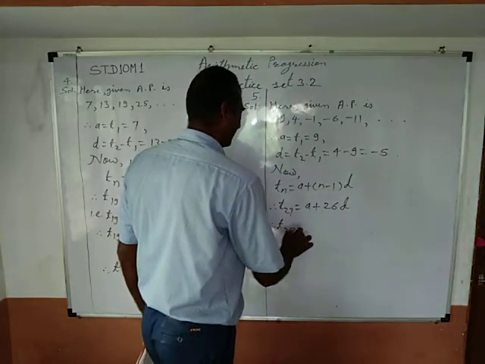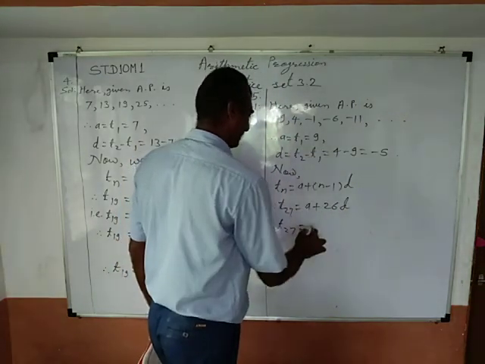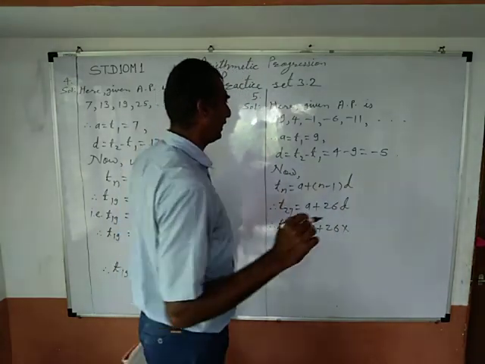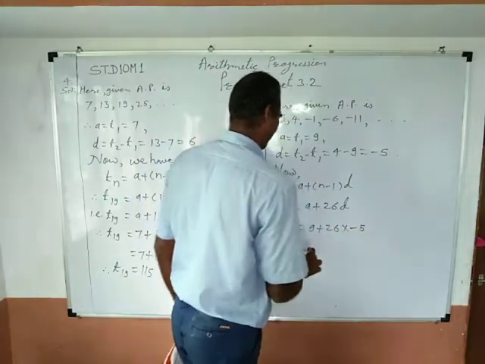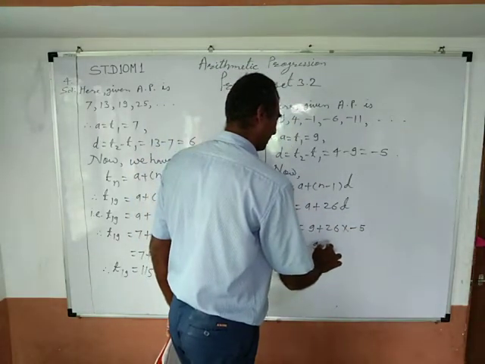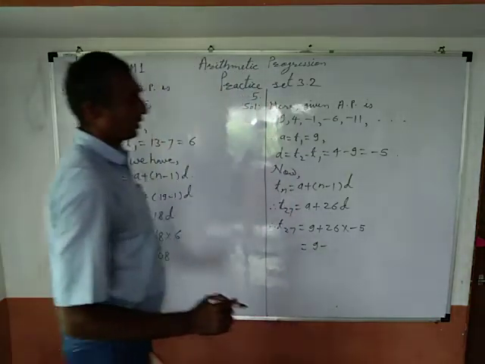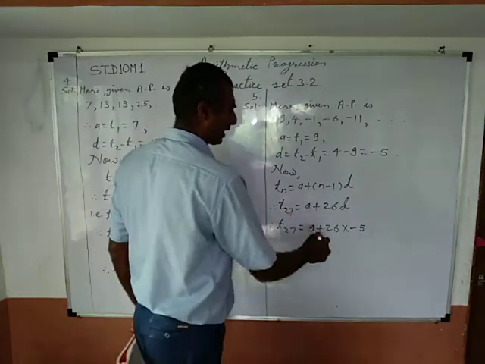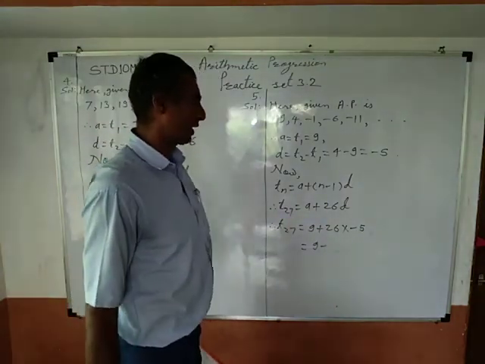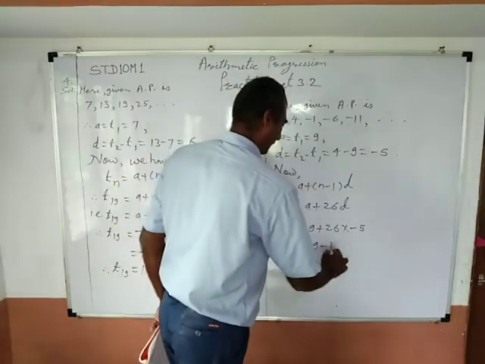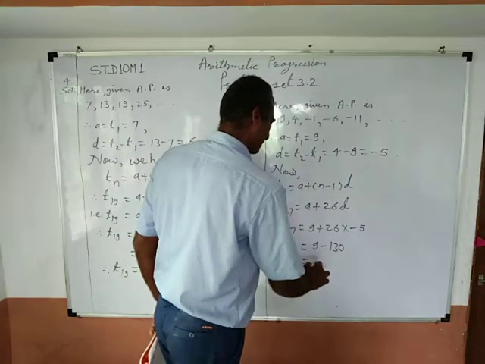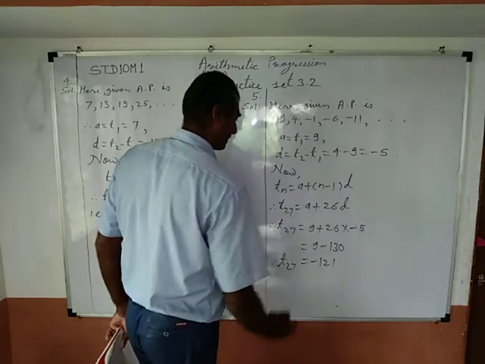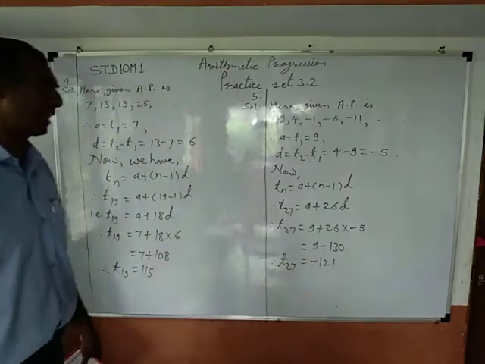Therefore T27 equals value of A is 9 plus 26 into value of D is minus 5, equals 9 plus 26 into minus 5. Plus into minus gives us minus, and 26 fives are 130. That equals minus 121. Therefore T27 equals minus 121.